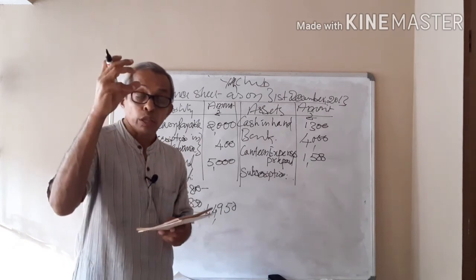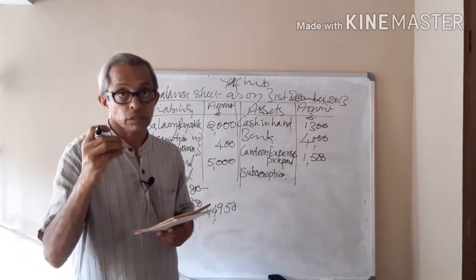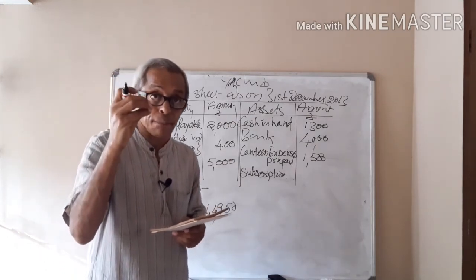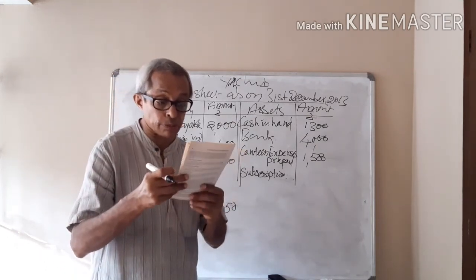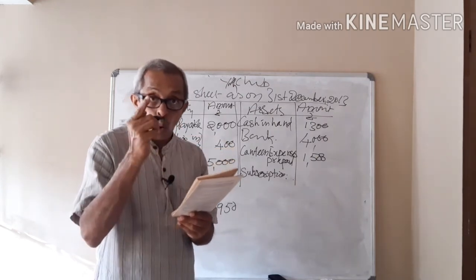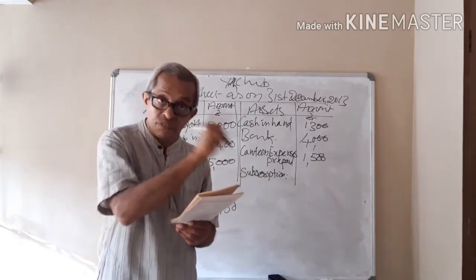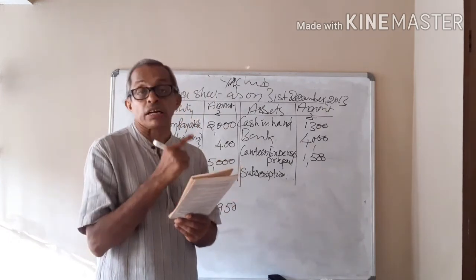The opening capital of subscription receivable is 1,000. Of that figure, we received during the year of the previous year is 500.